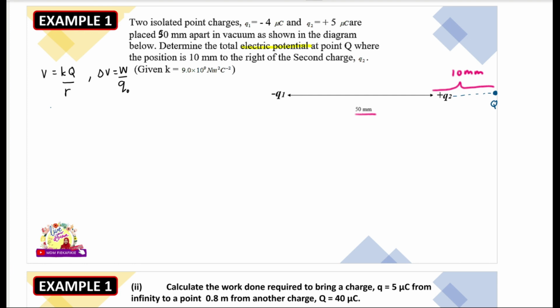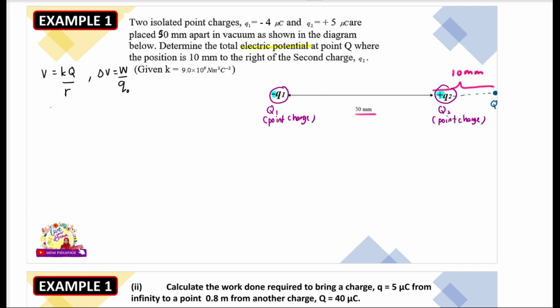Q1 and Q2: this is the first point charge and this is the second point charge. One is positive and the other is negative. Here is negative and this is positive.